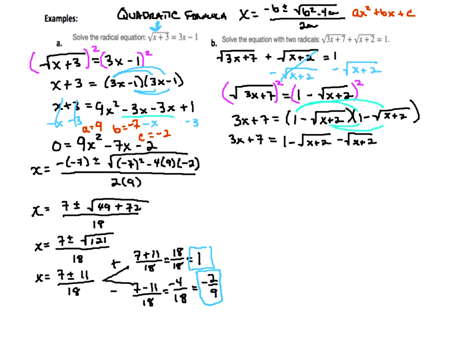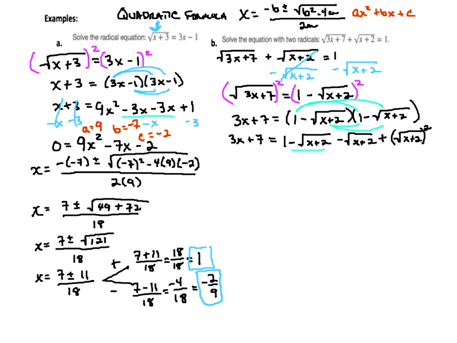Then I have the negative square root of x plus 2 times the negative square root of x plus 2. So that is the positive square root of x plus 2, squared. Since it's multiplied by itself, it's squared. Which, thank goodness, because that gets rid of that square root there.